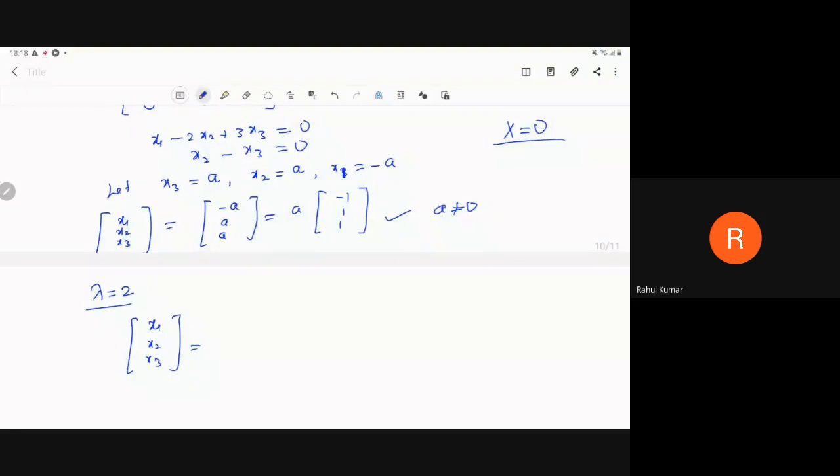Lambda equal to 2 means (A minus 2I3)x equal to 0. This homogeneous system you will solve. Can you try it right now or will you do it later? If you can do it right now, it would be nice.